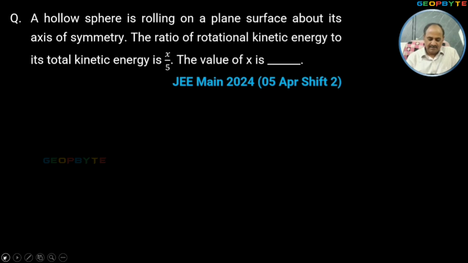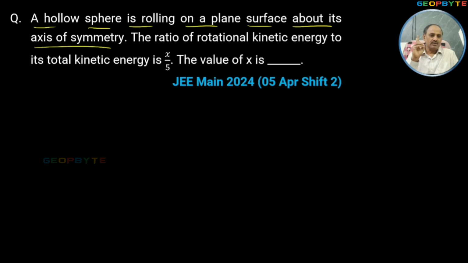Look at the problem. It is asking like this: a hollow sphere is rolling on a plane surface about its axis of symmetry. The previous problem was for a solid sphere because the earth is treated as a solid sphere, but this problem is for a hollow sphere rolling on a plane surface about its axis of symmetry.